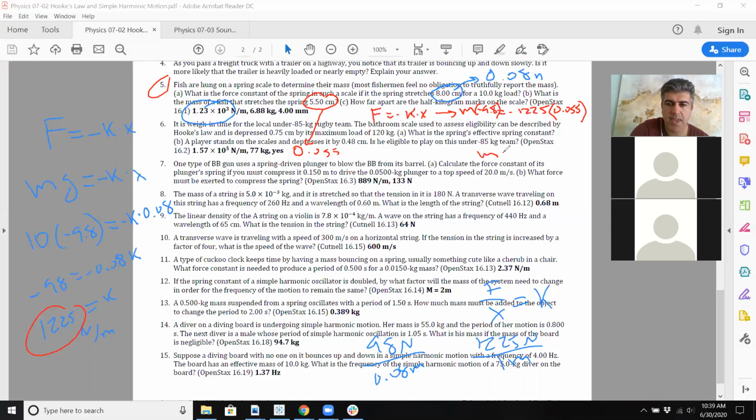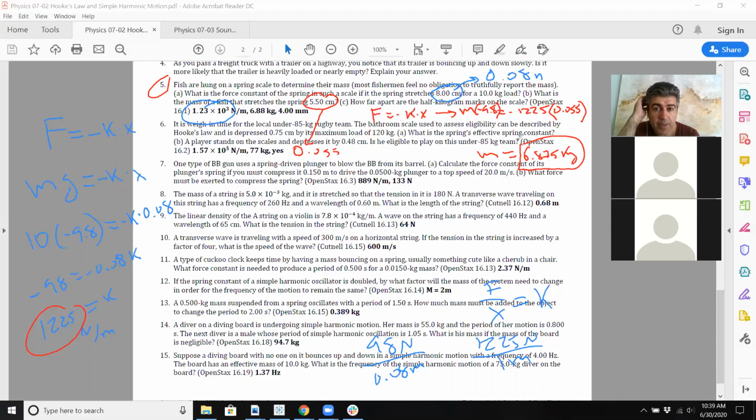And obviously, it's not going to be as heavy as it was in part A because it didn't stretch as much. So negative 1225 times 0.055 divided by negative 9.8, you get 6.875 kilograms. So not as big of a catch as part A. Okay, so that's part B.